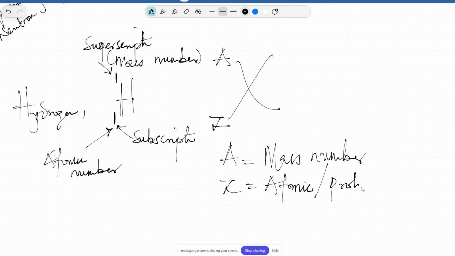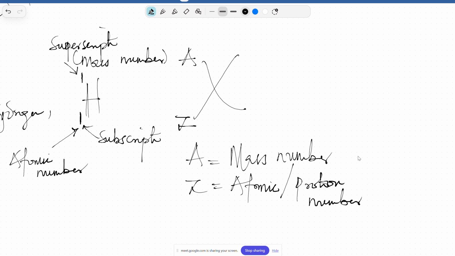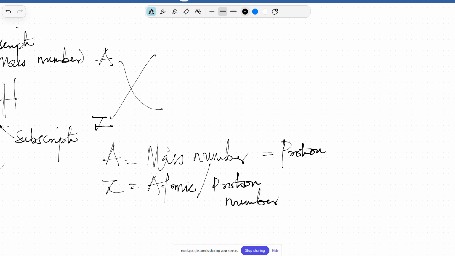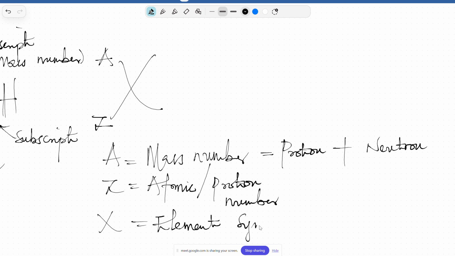If I don't want to call it atomic number, I will call it the proton number. And don't forget that this mass number is the addition of proton and neutron. The X there is the element symbol.